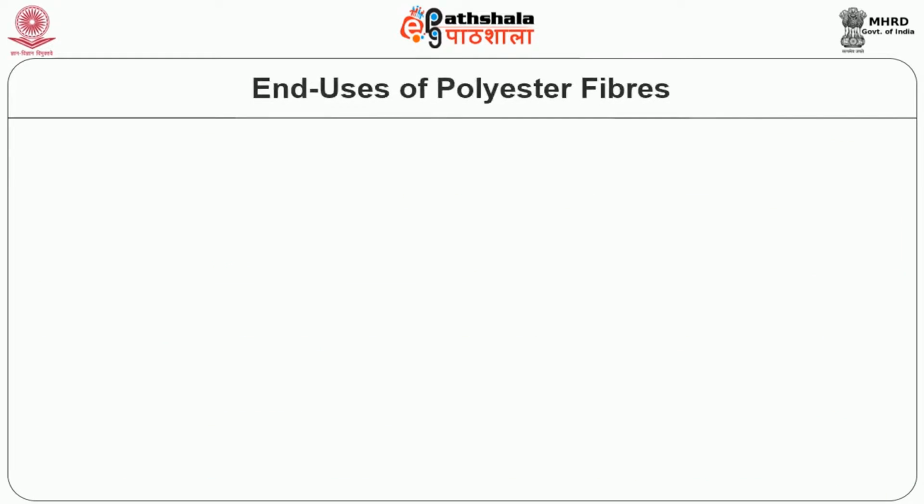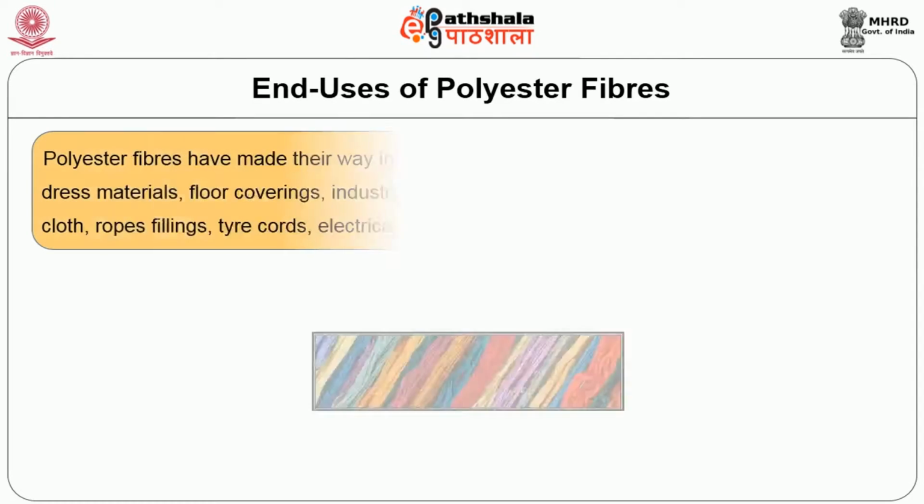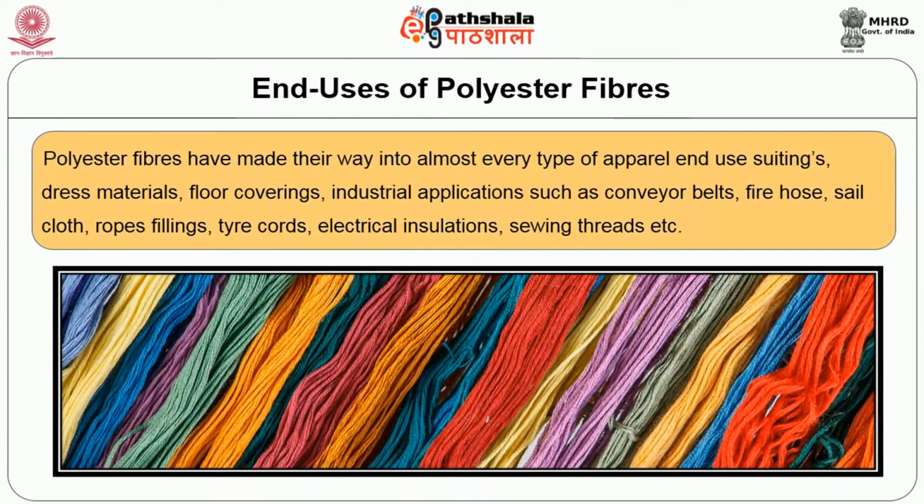Some of the end-use applications of polyester fibers are: polyester fibers have made their way into almost every type of apparel end use, such as suitings, dress materials, floor coverings, and industrial applications such as conveyor belt, fire hose, sailcloth, ropes, fillings, tire cords, electrical insulation, sewing threads, and so on.